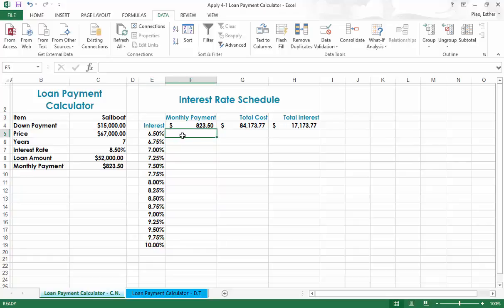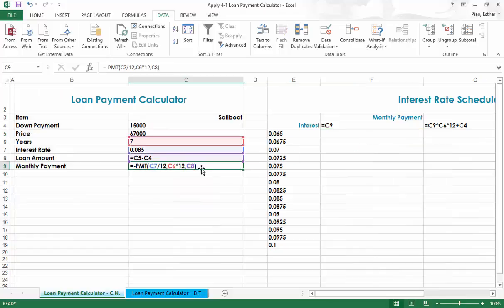So I'm going to show you how to use this cell naming approach. Here, if you turn it into formula mode, we are using cell coordinates to come up with our formulas. I explained it many times.